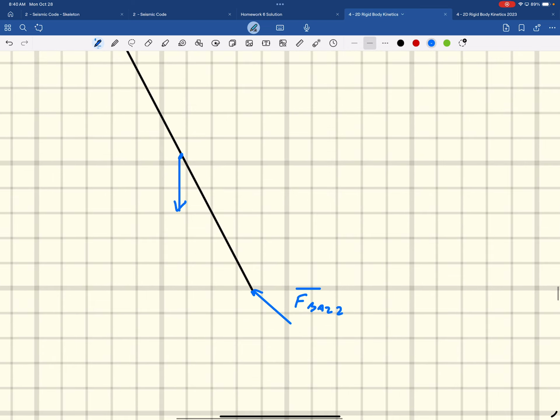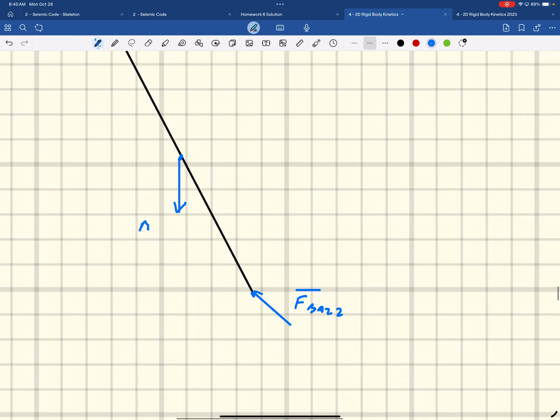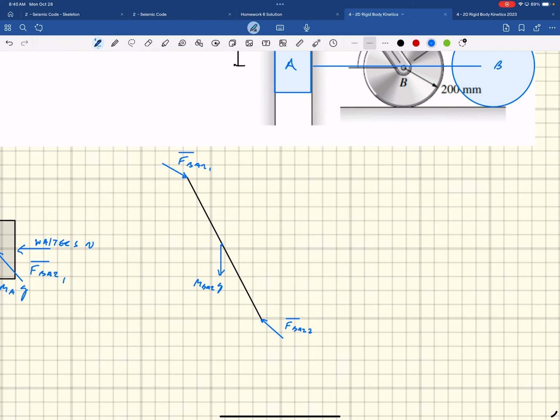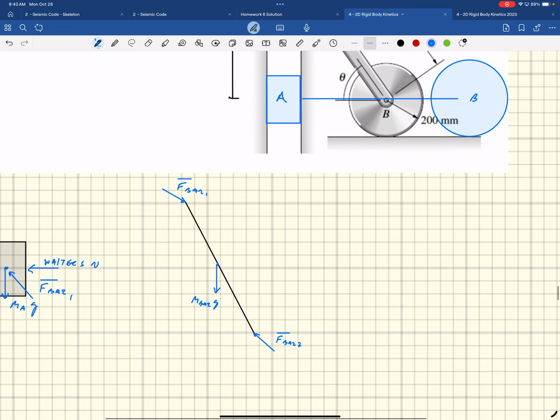This is M bar times g. Okay? F bar 1 and F bar 2 do not have to be equal to each other, and they will not be equal to each other because things are moving. So that's why we call one F bar 1 and the other F bar 2. Right?